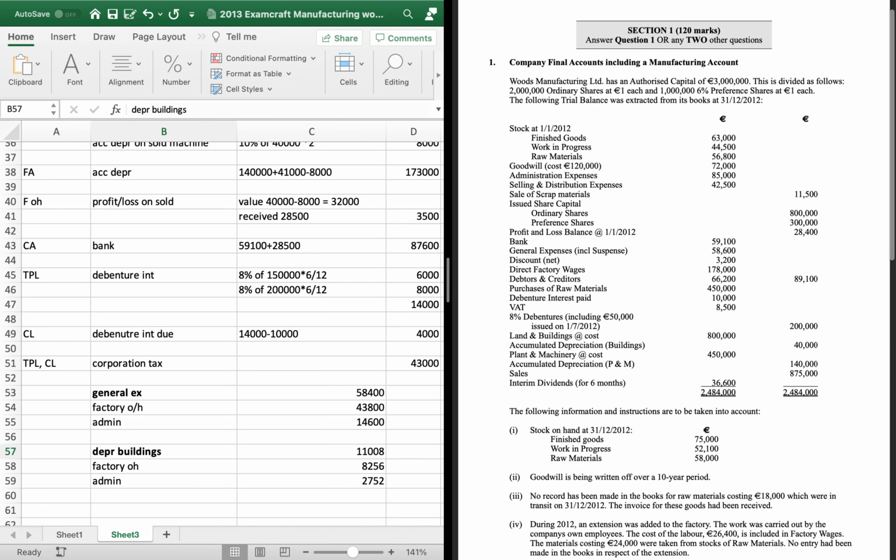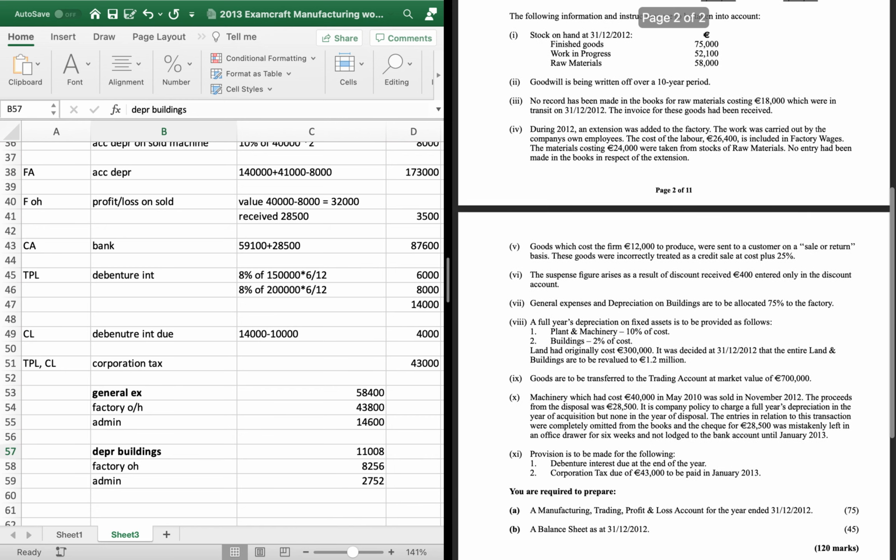There is, I suppose, some dividend due there. I'm going to have to check the marking scheme and see if they throw it in. We don't know if there's a dividend due, so we can assume we can leave it out. So that's everything, lads. We will correct the rest of it in class.